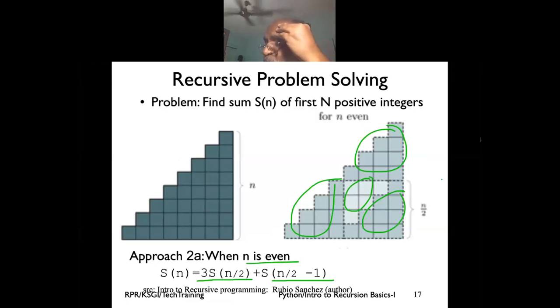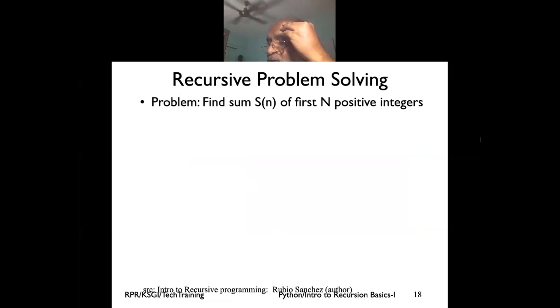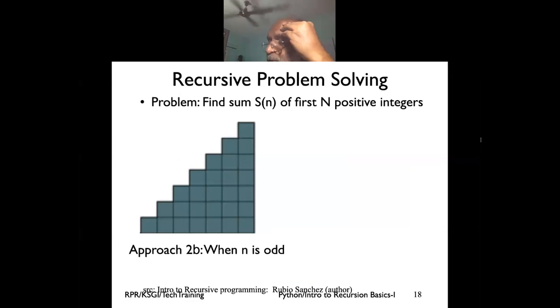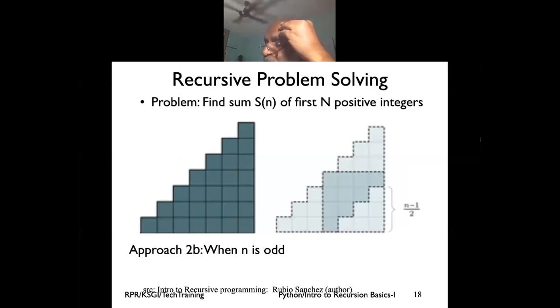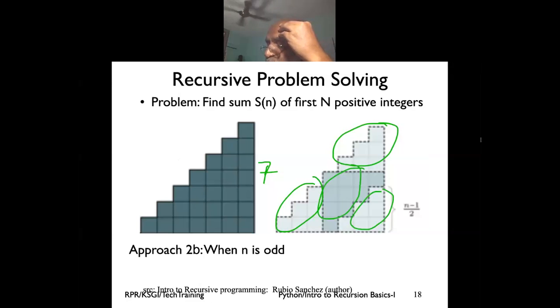What happens if n is odd? If n is odd, I can do the same thing. Let's say n is 7. I get 3 problems of size 3 and 1 problem of size 4.